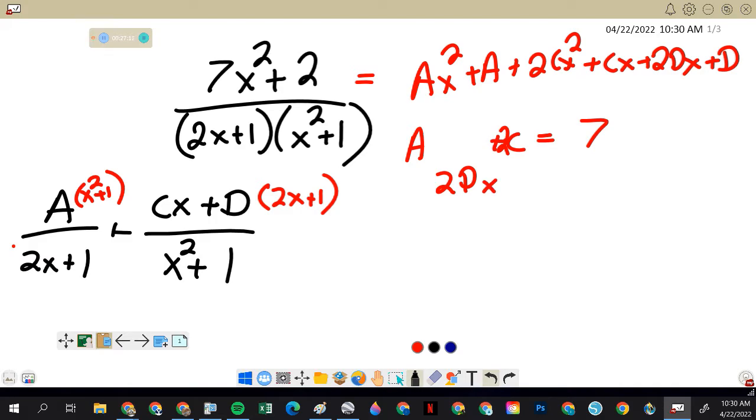And my x's, 2d plus c is 0. I really fouled my alphabet up, didn't I? Whatever. And then a plus d is 2.